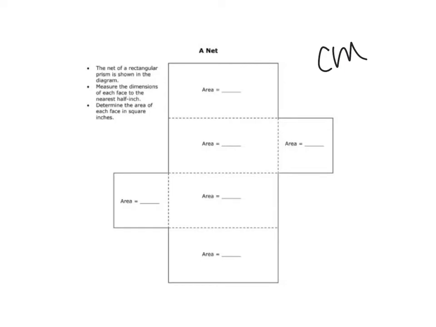Okay, guys, so who could tell me what the dimensions are? Because most of you do have the same thing. So this one up here would be what? 7.5. How about right there? 3.5. Okay, so what is this one? Okay, so then this one here would be what? 3.5, right?